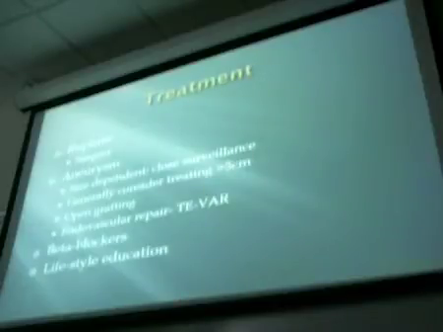There are a couple of different ways to treat thoracic aneurysms. You can either do open surgery and grafting. That's where you open the patient completely.